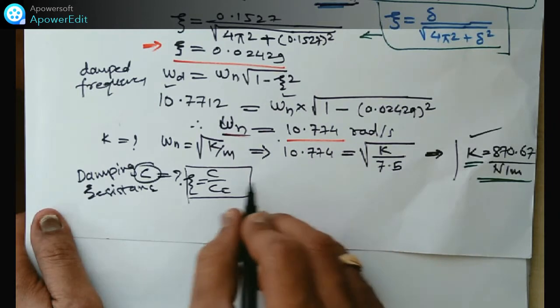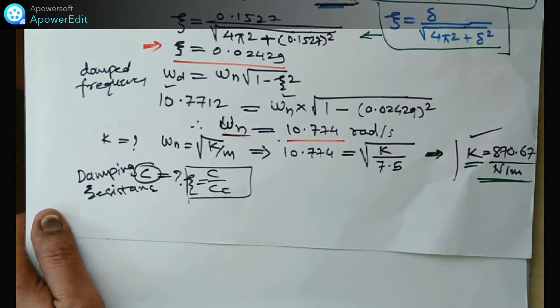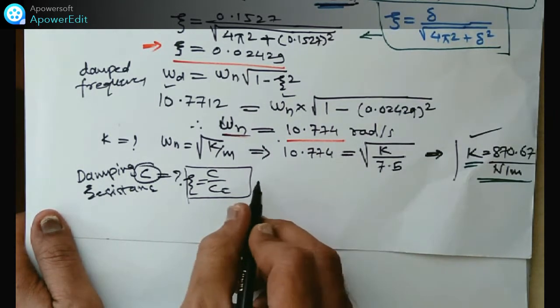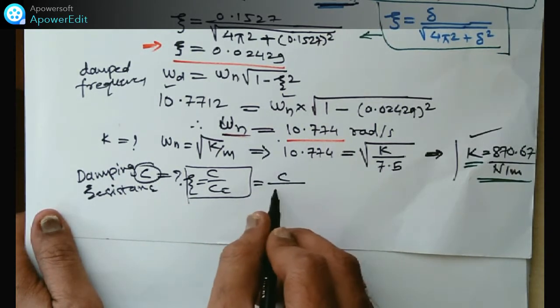So Cc, how to find out Cc? Cc is given in the numerical. One more formula is there for zeta, that is C upon 2 into under root of Km. This is the converted formula.